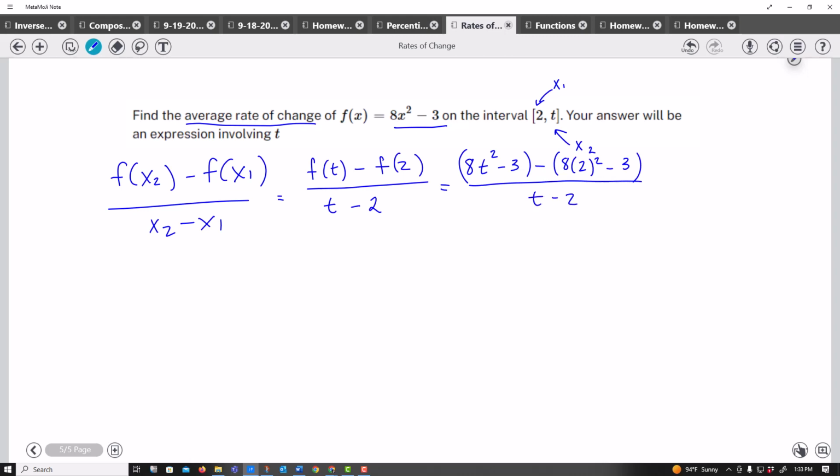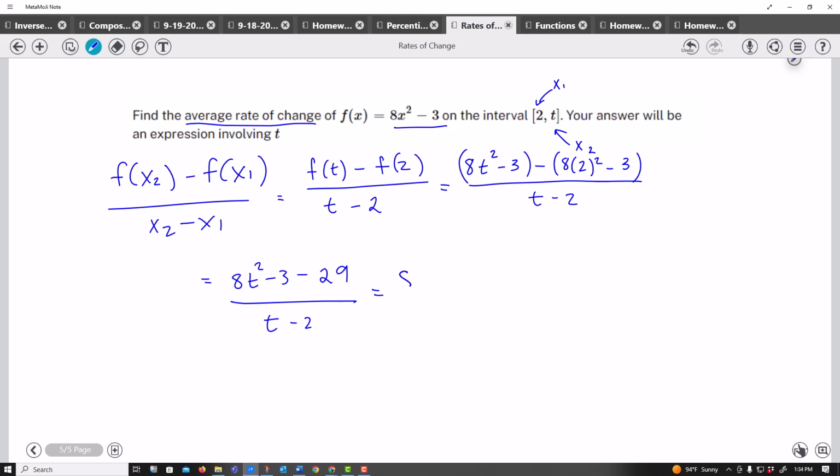And so I can write this out as 8t squared minus 3 minus, so 2 times 2 squared is 4. 8 times 4 is 32. And then 32 minus 3 is 29. So 29, and then all over t minus 2.